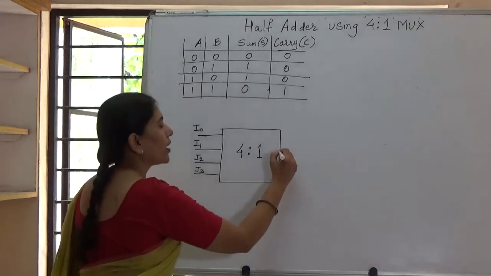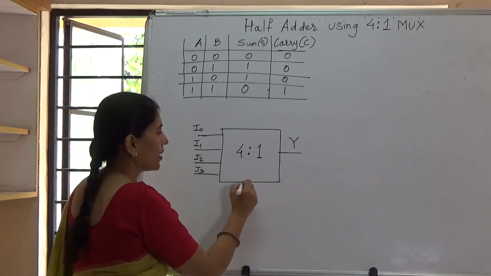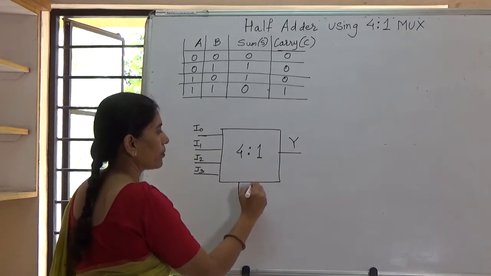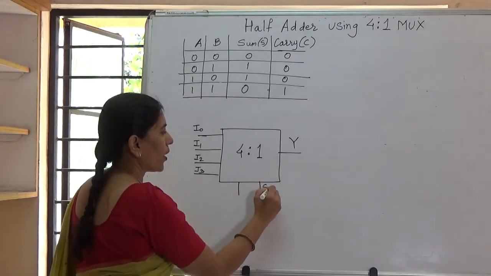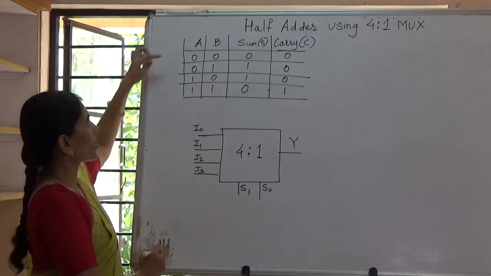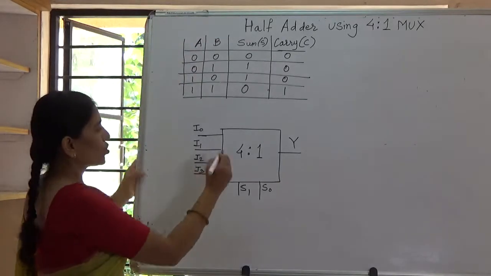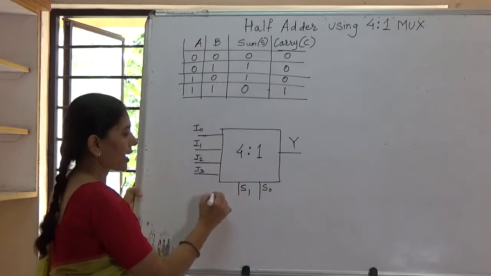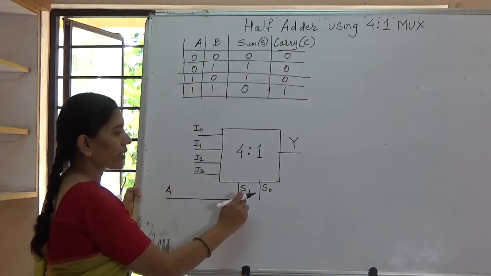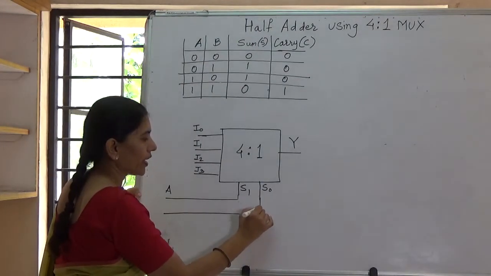One output, which is Y, will generate the sum, and there will be 2 select lines, S0 and S1. The select lines are the ones which will be used for giving the 2 inputs A and B whose sum is to be obtained. So let's treat A as the input which is being given to S1 and B as the input which is being given to S0.